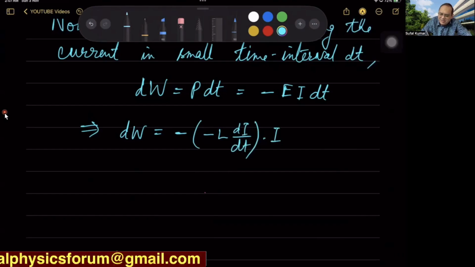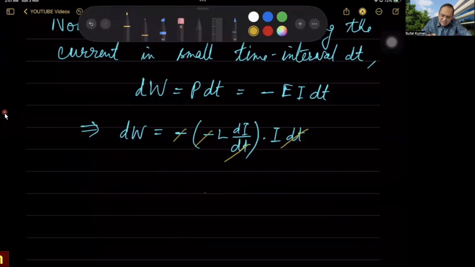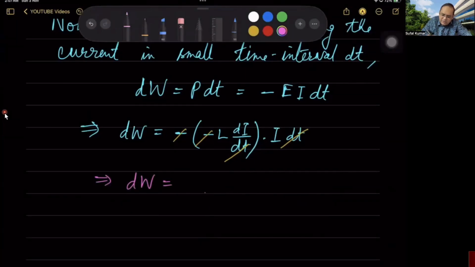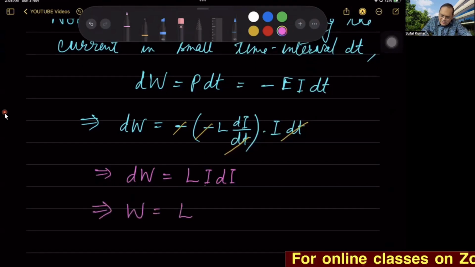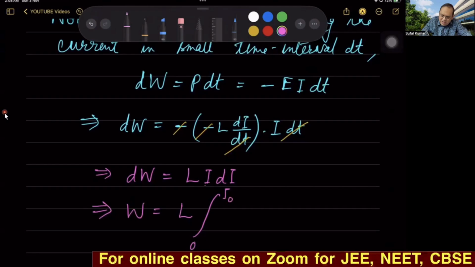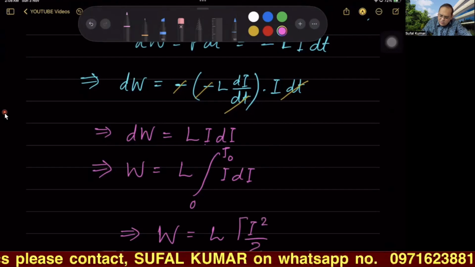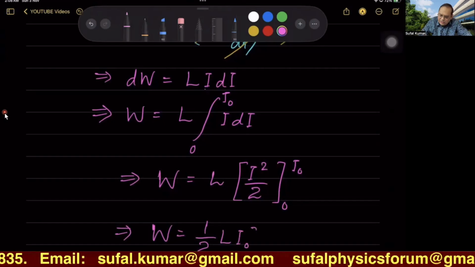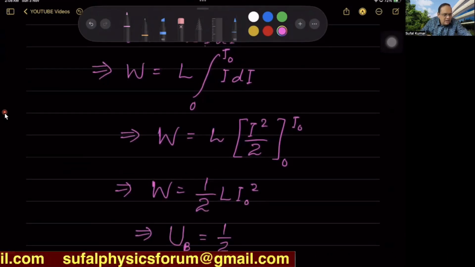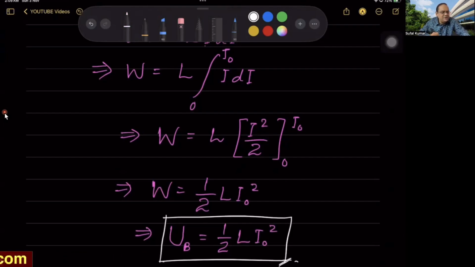So dW is equal to L I dI. It implies that W is the integral of L I dI from 0 to I naught, which is L I square by 2 from 0 to I naught, half L I naught square. U_B is half L I naught square, and this is the energy stored inside the inductor coil.